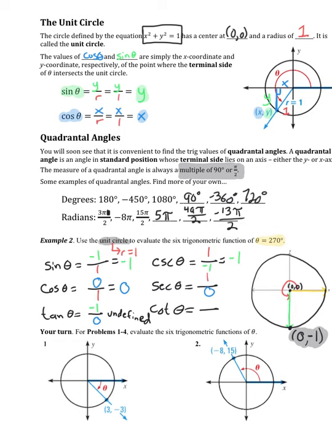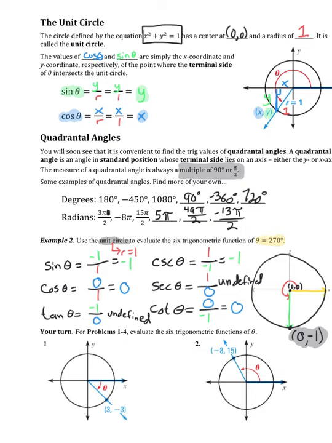That's another one that's just going to become undefined because I can't divide by 0. And then cotangent is 0 over negative 1. And that's going to equal 0. And that's how I would evaluate the 6 trigonometric functions on something like the unit circle.